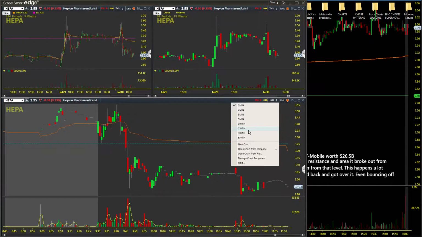How many hours is the market open every day? The market is open from 9:30 Eastern Time to 4 o'clock Eastern Time. If you divide 60 into 6.5 hours, it doesn't add up. You're missing data.